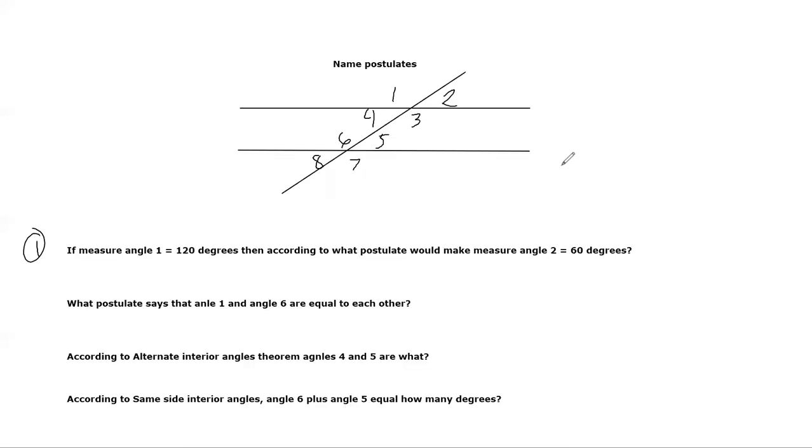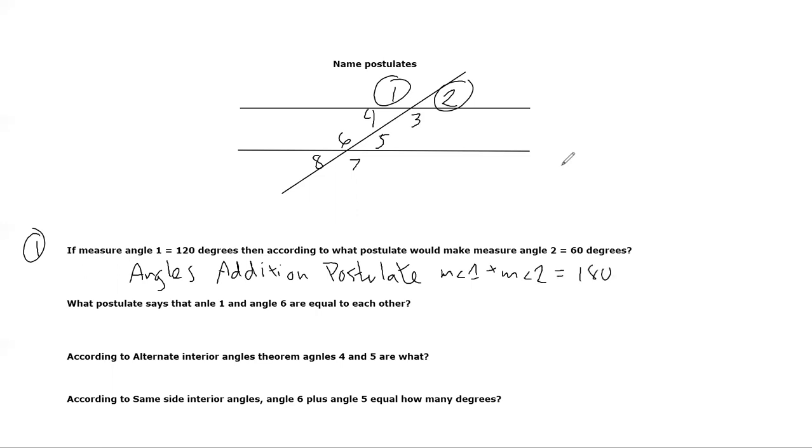That is called the angle addition postulate. What that's trying to say is that if two angles are next to each other and they make a line, like measure angle 1 and measure angle 2 do, they're going to add together, and they're going to be supplementary.